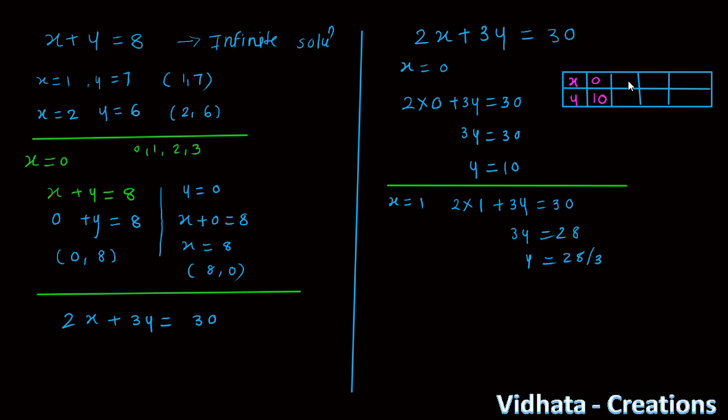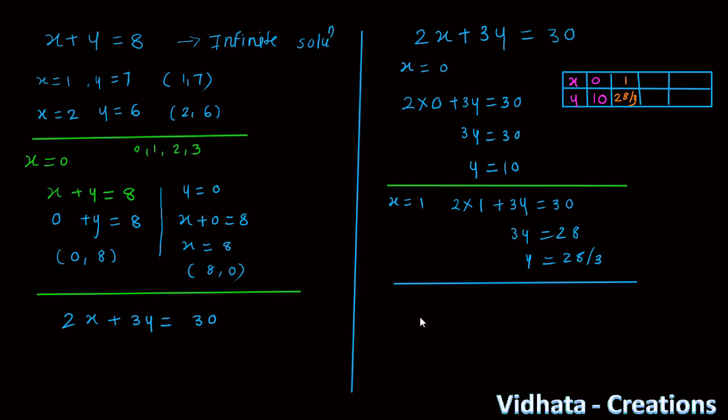The value of x is equal to 1, you will get the value of y is equal to 28 upon 3 this way. Here I told you that you can also take y is equal to 0.